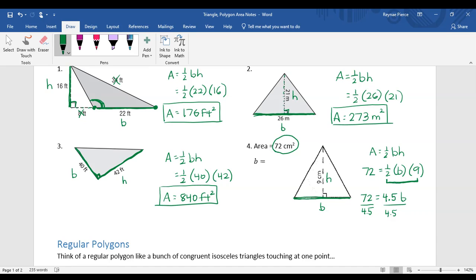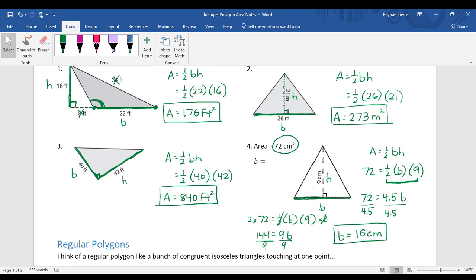If you don't like the fractions and decimals, you can multiply both sides by 2 first, and that will eliminate the 1/2. And then you just divide by whatever's left. Either way, we find that the base of this triangle is 16 centimeters. So when you are given the area and you have to work backwards, we stick with normal units. It's only when you're finding the area that we have to have square units.